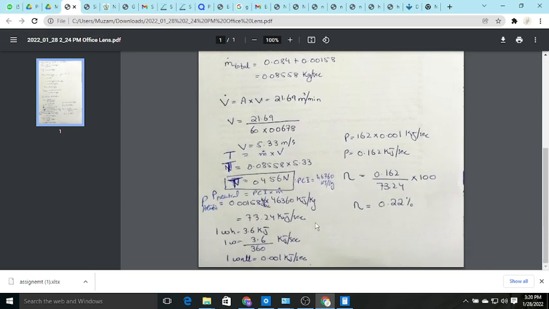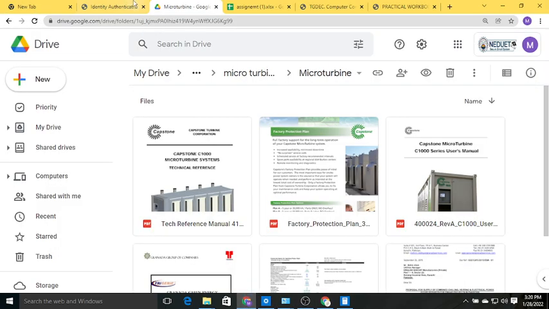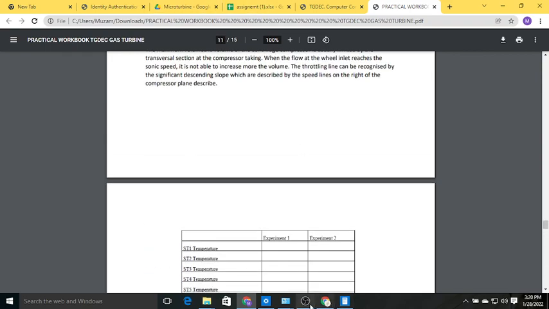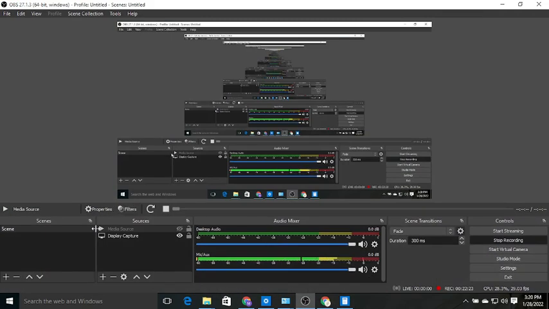Thank you. This is efficiency thrust. Place these values in your practical worksheet. Oh, one more thing, last thing, the working videos of this turbine.